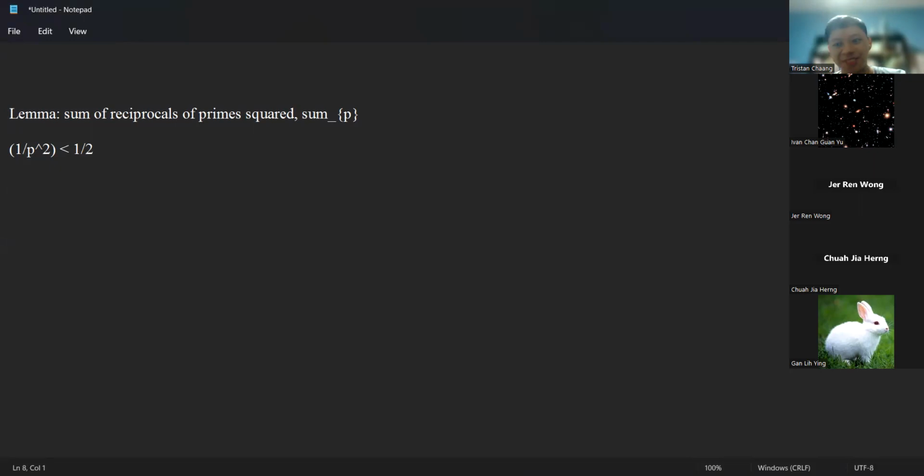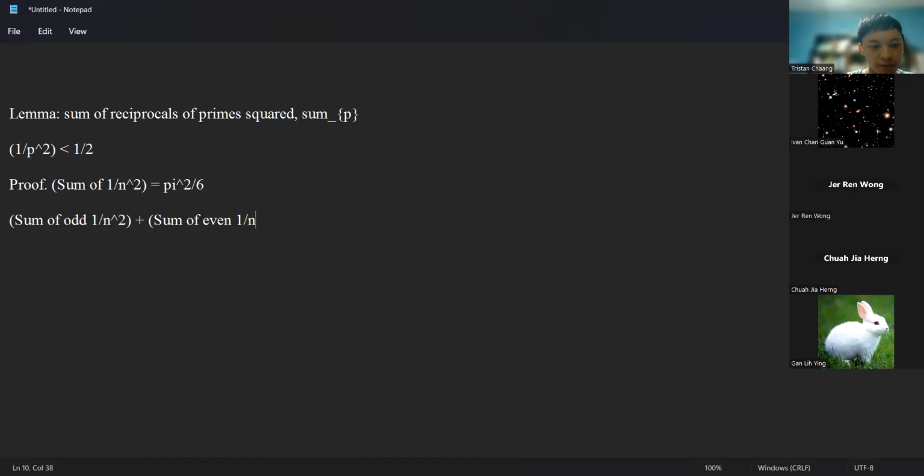Yeah, exactly. So I think you can just use, so you know that the sum of 1 over n squared is, I should probably write brackets, pi squared over 6, right? The Basel formula. So that means the sum over odd n of 1 over n squared plus the sum over even n of 1 over n squared is pi squared over 6.